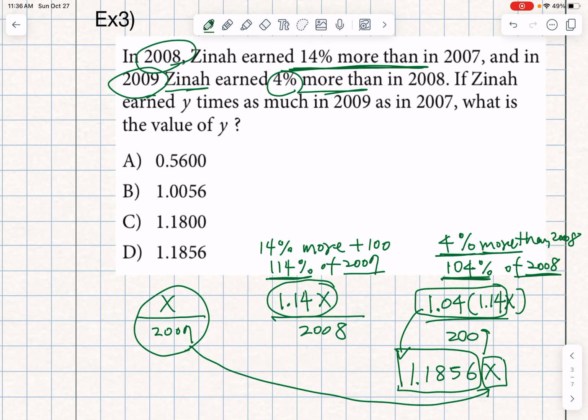The question is, Jinna earned y times as much in 2009 as in 2007. So the 2007 amount x times 1.1856 will be the y value. y times 1.1856 times x, which is D, will be the answer.